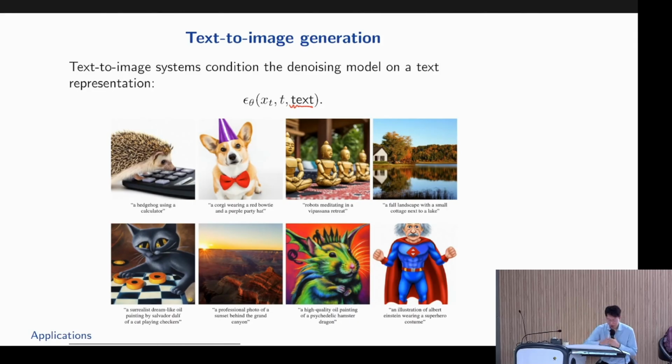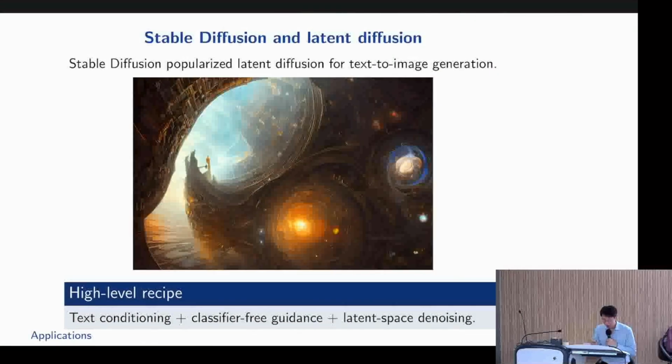I'm pretty sure pretty much everyone has done image generation sometime in your life, right? And Stable Diffusion popularized this idea of latent diffusion for efficiency and text-to-image generation. The high-level recipe was text conditioning, classifier-free guidance with the W parameter, and running diffusion in the latent space.